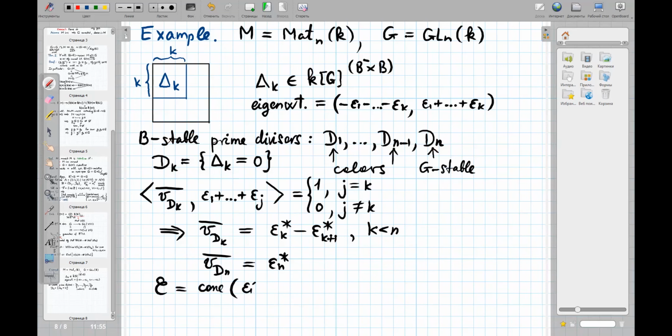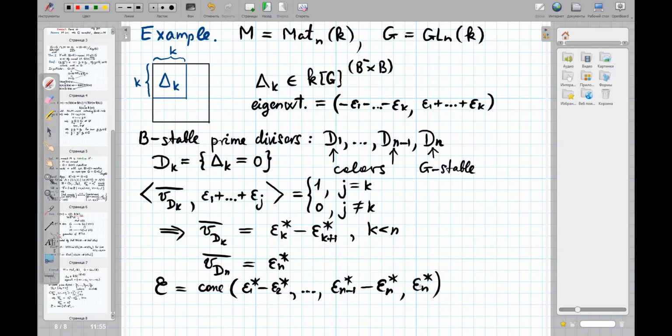by all these vectors, epsilon 1 star minus epsilon 2 star, etc., epsilon n minus 1 star minus epsilon n star, and finally epsilon n star.